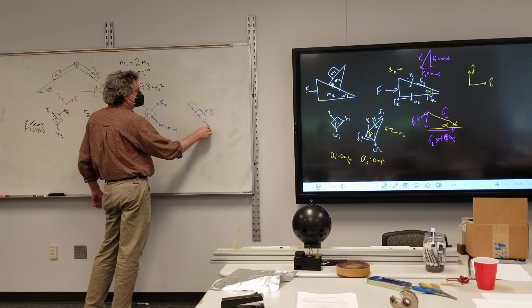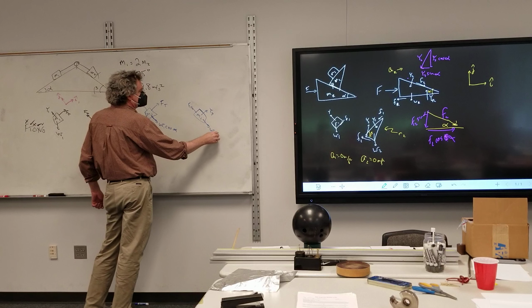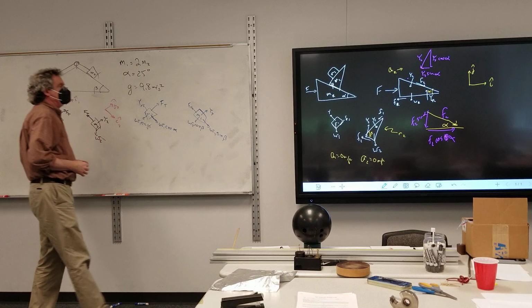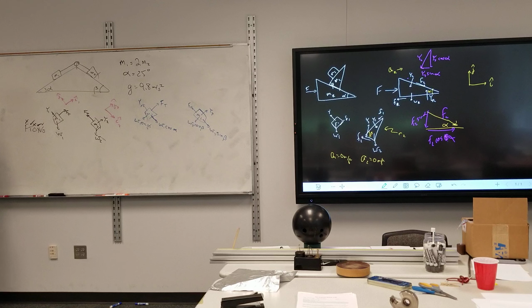And then W2 sine of beta, W2 cosine of beta. How many equations of motion will there be? Four. Okay, let's go with 4.